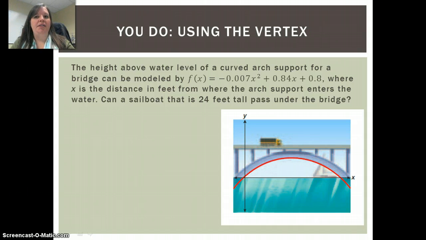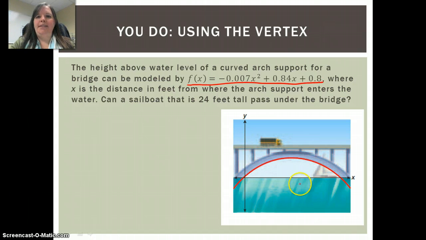And one place you might see a parabola is in looking at arches. In this case, there's a bridge. Here's the equation for this arch based on where the axes have been placed here.